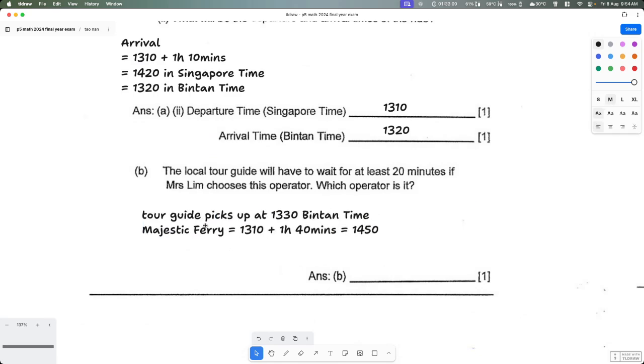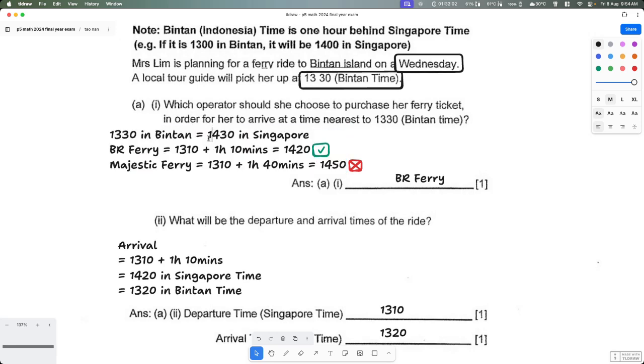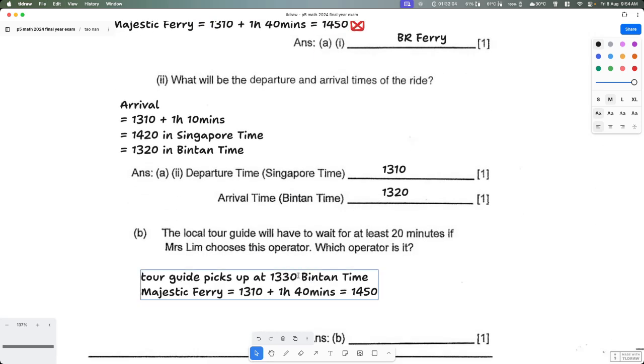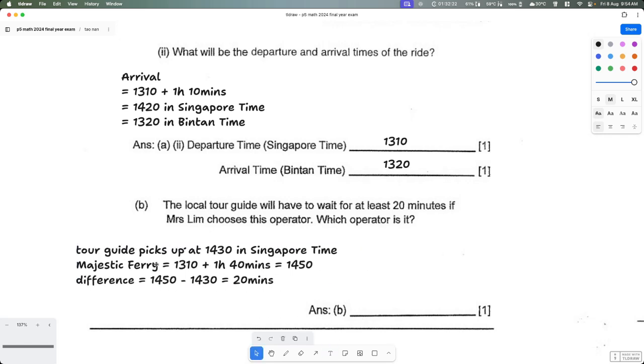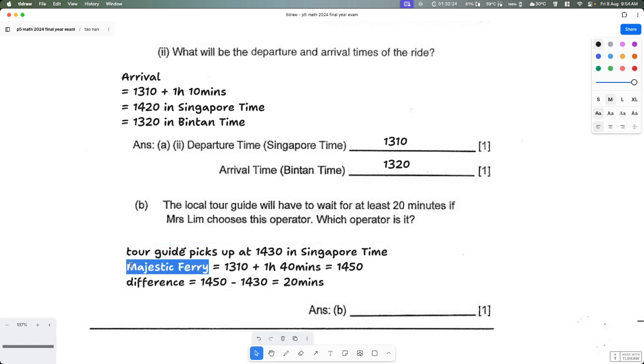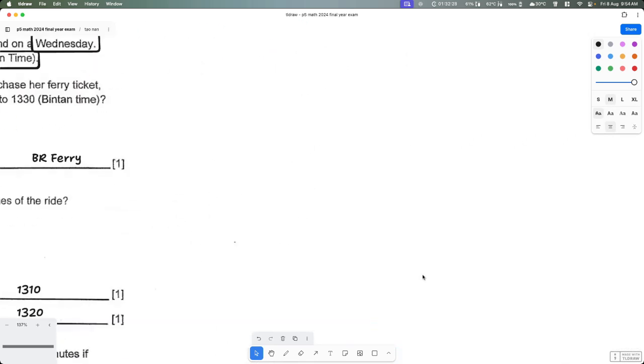Majestic picks up at 1430 in Singapore time. So Majestic Ferry is 1430, 1450. The difference is 1450 minus 1430, equal to 20 minutes. So there you go, Majestic Ferry. Why is it so late? Okay, that's it. All right, let's move on to the next question.